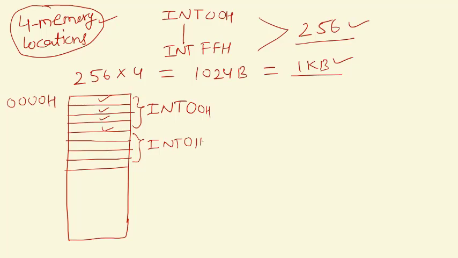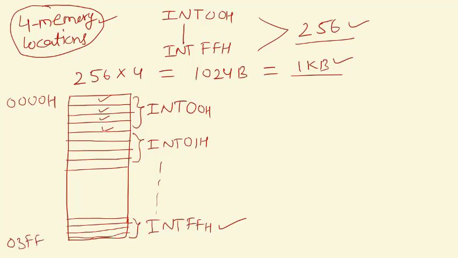Similarly, the last one will be required for INT FFH, and the offset will be 03FFH. The total memory required is 1 kilobyte, it means 1024 memory locations, and each memory location has 8 bits to store the data.